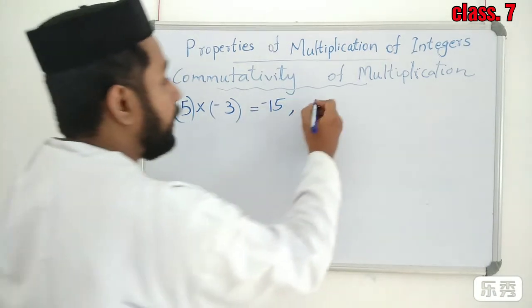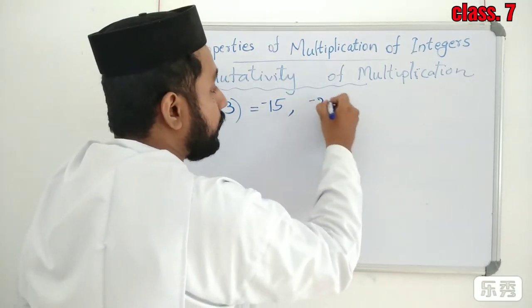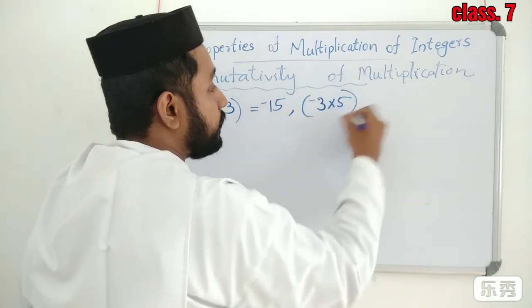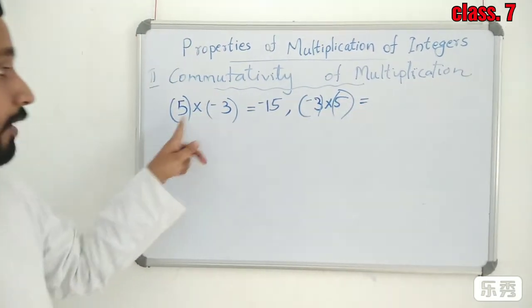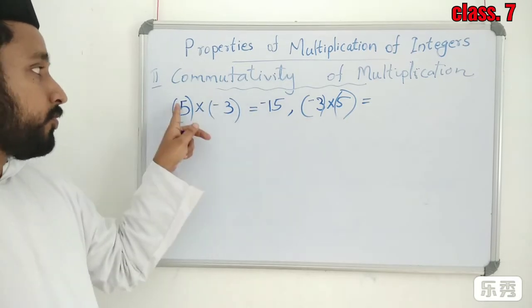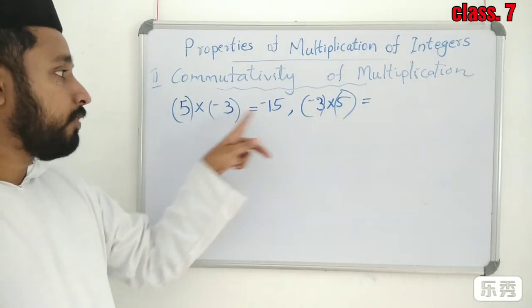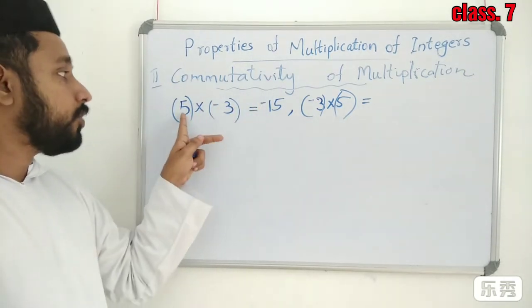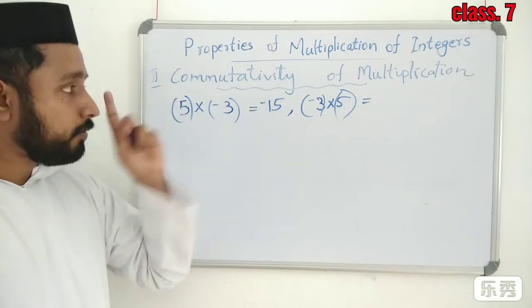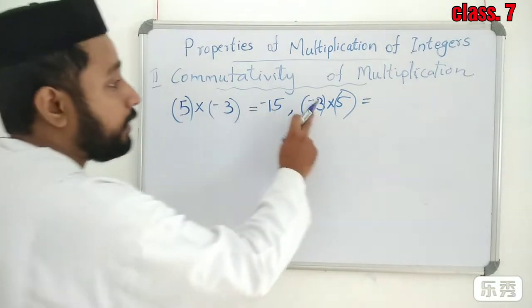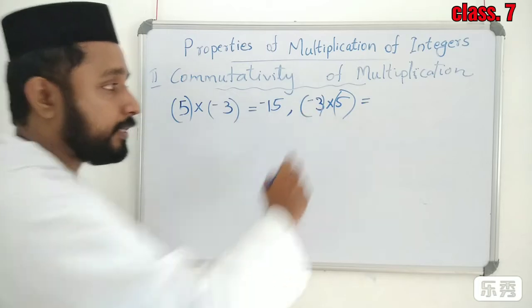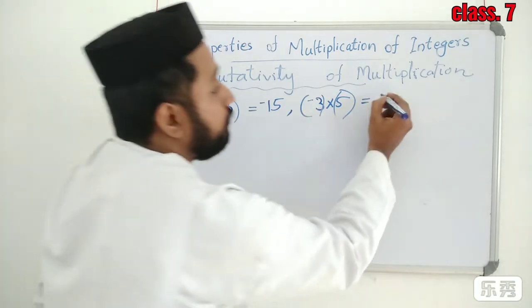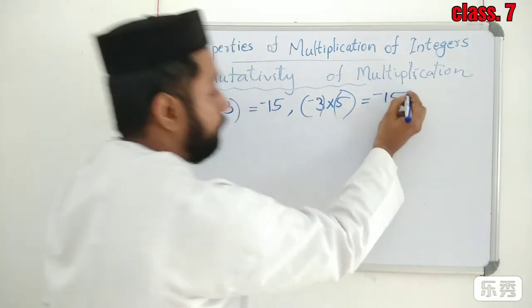Which means I am going to find minus 3 into 5. What is the answer? One negative into one positive, multiply them as whole numbers and put the negative sign. So 5 into 3, 15, put the negative sign, minus 15.